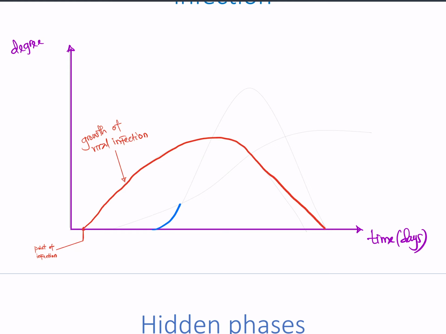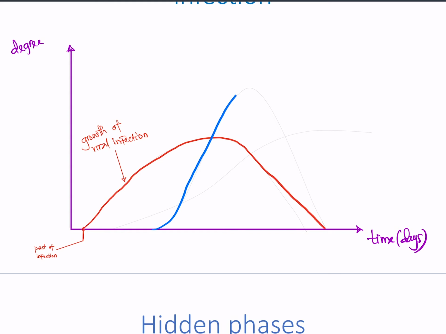The symptoms will gradually increase as the viral number increases, and this has a curve shape because then the viral growth would decrease.